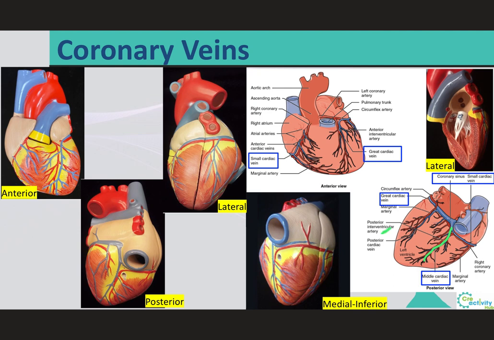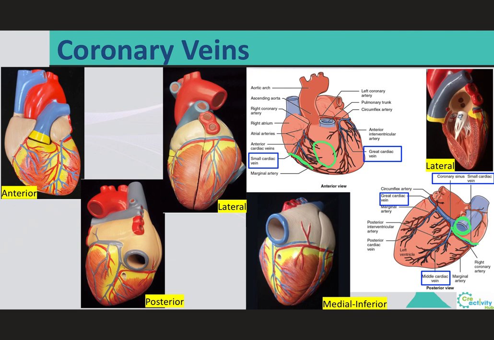So middle cardiac vein together with posterior interventricular artery, and it will bring the blood all the way to the coronary sinus as well. The last one that you need to know is the small cardiac vein. The small cardiac vein will swing around behind the inferior vena cava, which is this big blood vessel over here, and then it will start to go down anteriorly in the right atrium.